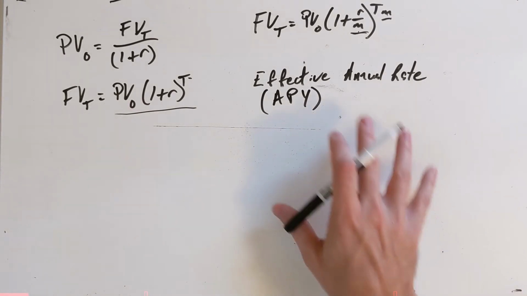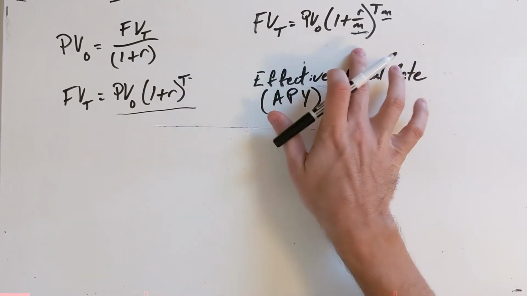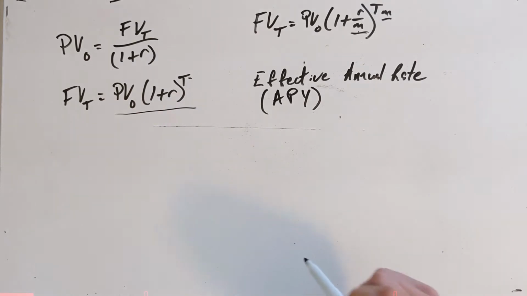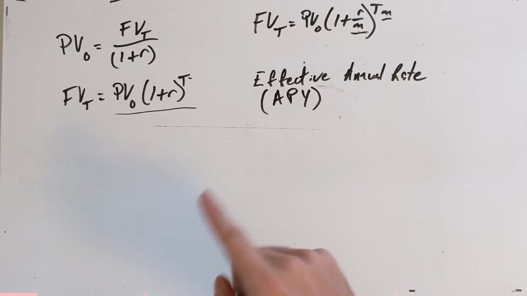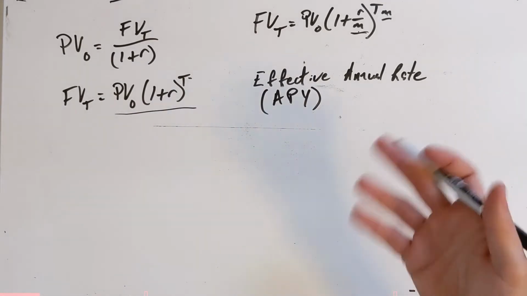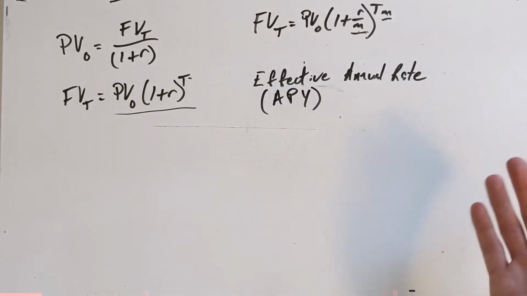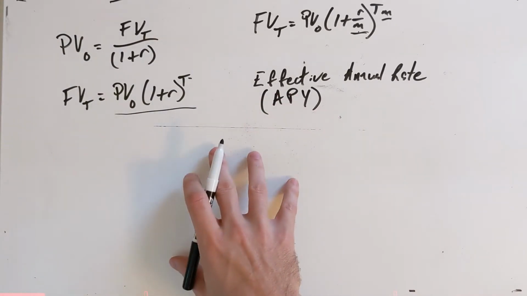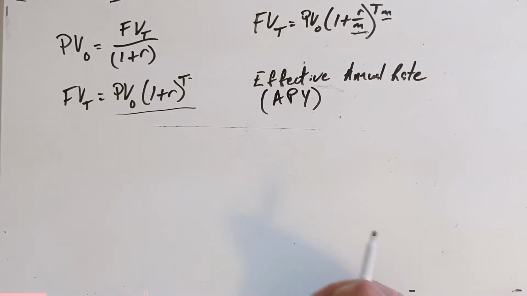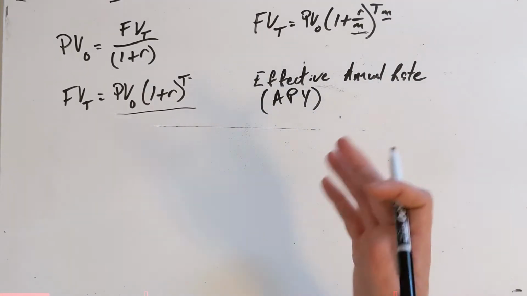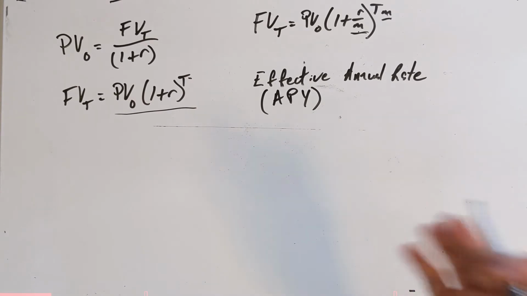Essentially, all we're going to do is take this formula and apply it to $1 for 1 year, and the amount of interest that that $1 gains during the year is equivalent to the effective rate of return as if interest were charged only once a year. So it basically is a way to convert APRs into actual annualized rates.